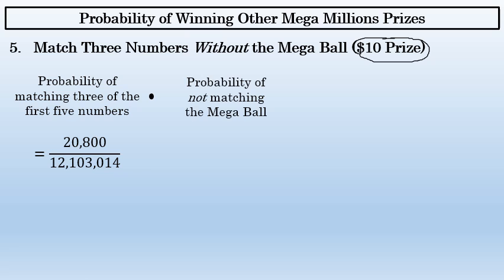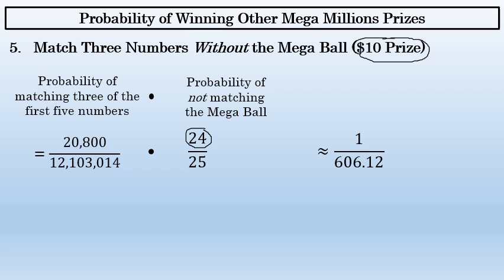And we'll multiply that by the probability of not matching the mega ball. There are 25 possible values for the mega ball. 1 of them matches, 24 of them do not. So the probability of not matching the mega ball is 24 out of 25. To find the probability of both of these things happening, matching 3 of the first 5 and not matching the mega ball, we'll multiply.